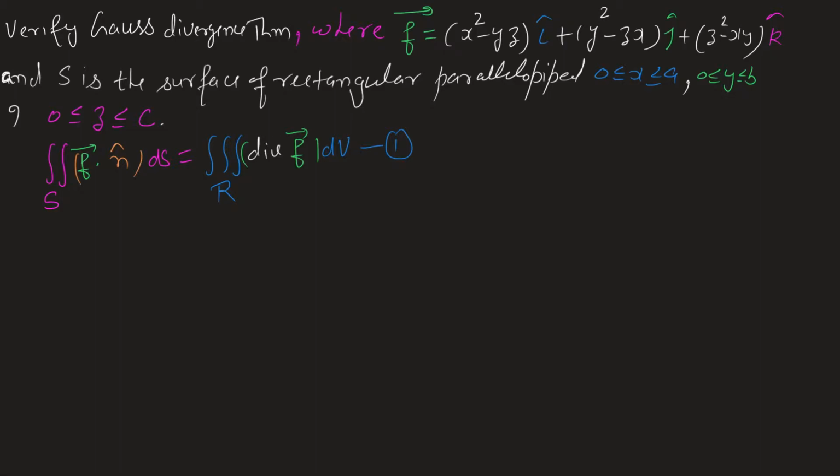From the earlier video we have calculated this volume integral, so we will not be evaluating it again. We evaluated this triple integral of the divergence of F over the region R, and it was equal to abc times (a plus b plus c).